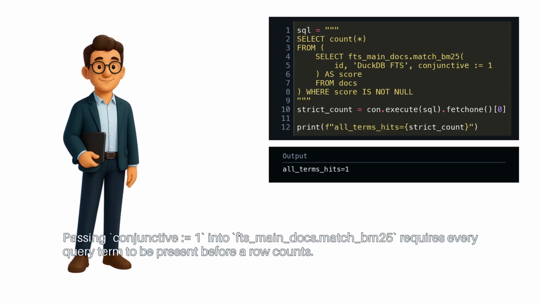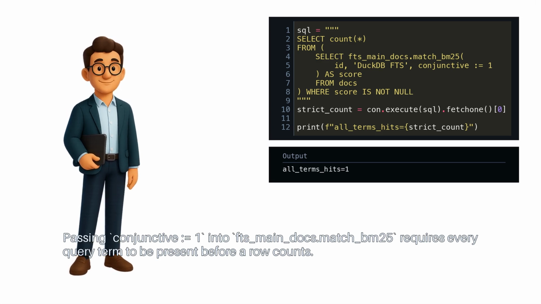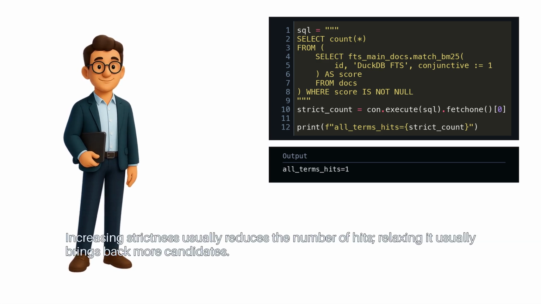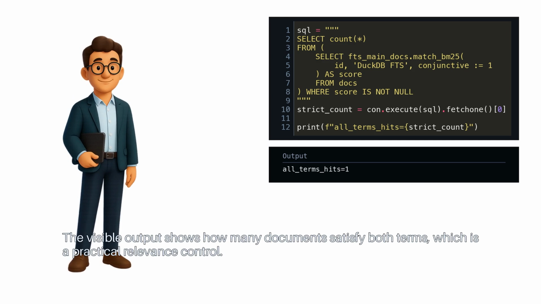Passing conjunctive=1 into fts_main_docs.match_bm25 requires every query term to be present before a row counts. Increasing strictness usually reduces the number of hits. Relaxing it usually brings back more candidates. The visible output shows how many documents satisfy both terms, which is a practical relevance control.